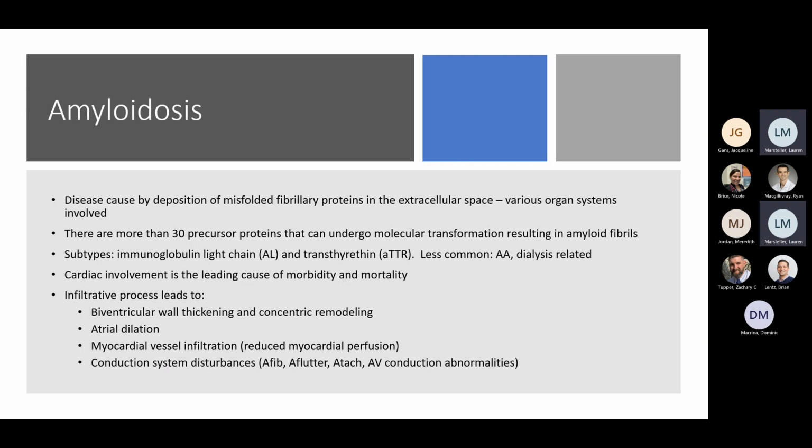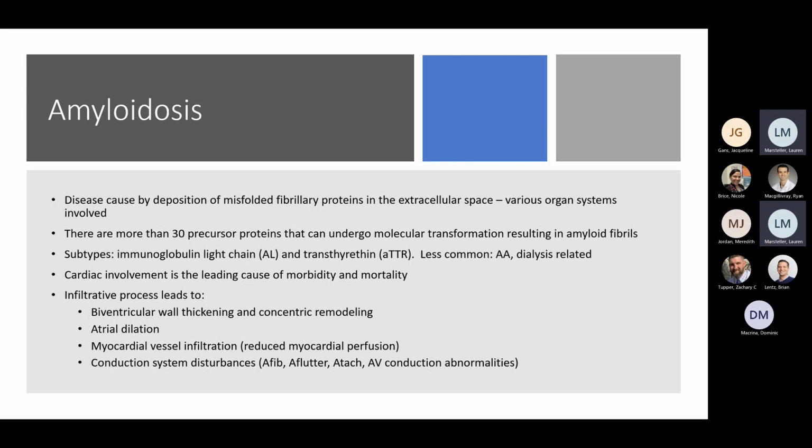There's more than 30 precursor proteins that can undergo these molecular transformations that result in the amyloid fibrils. The two main types, again, that we see affecting the heart muscle are the immunoglobulin light chain, or AL, and the transthyretin, or TTR. There are also some additional less common forms of amyloidosis, AA, which is an autoimmune or inflammatory syndrome, and then also dialysis related.